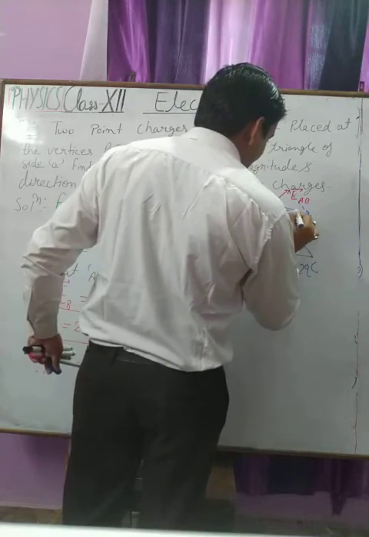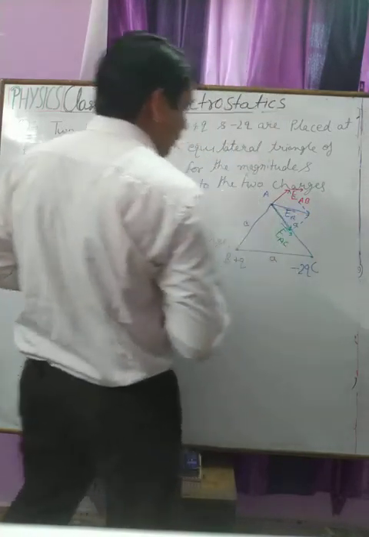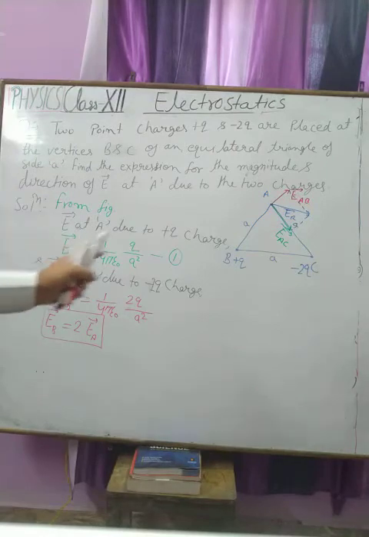This is the resultant electric field at point A along the direction of BC.